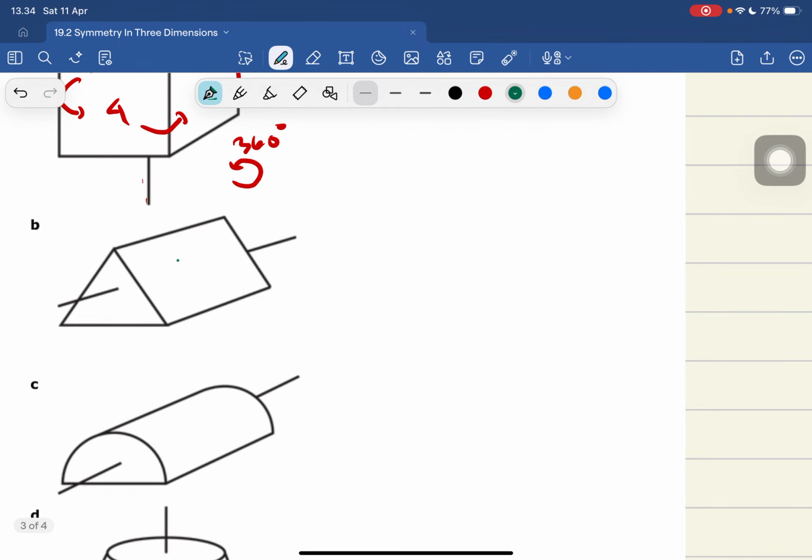B, okay, we will rotate it 360 degrees. Here first, it's going to be down here, 1. And then 2, then back again to its own position. So the order of rotational symmetry is 3.